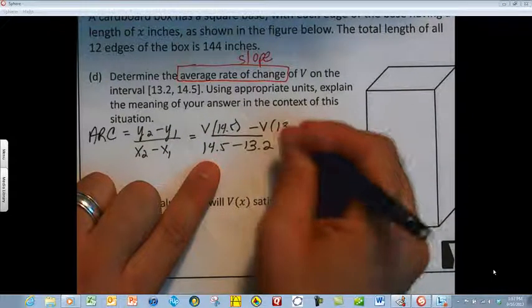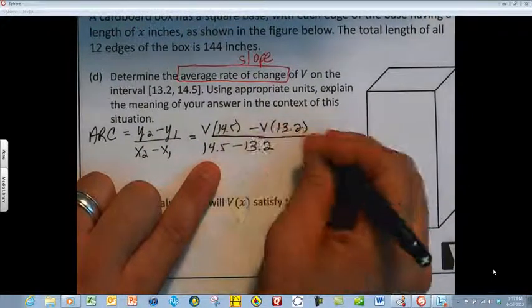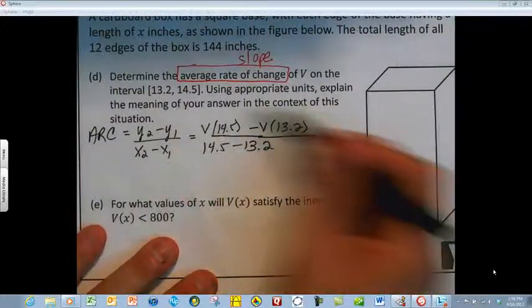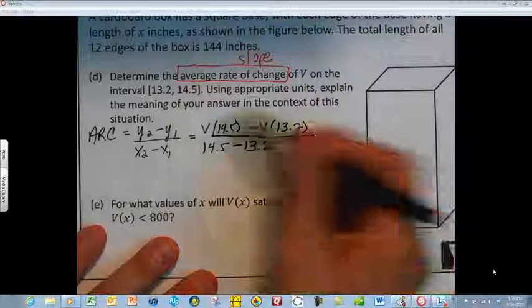Well, I know, and I would expect everybody in pre-calculus knows, that average rate of change just means slope. The way that we found average rate of change is it's always the change in the y value, so y2 minus y1, over x2 minus x1. Specifically, in this case, our x values are the 13.2 and the 14.5.